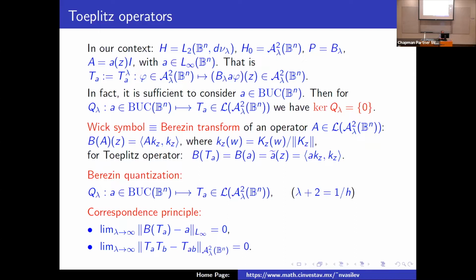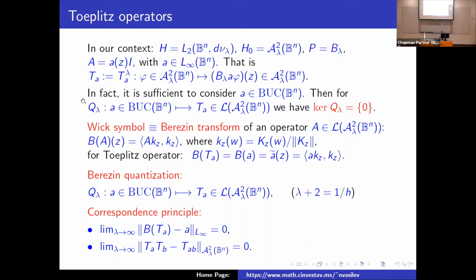Having function A, you define a Toeplitz operator, but having a Toeplitz operator, you can never recover function A. But this Berezin procedure permits us to recover function A: you need to take the Berezin transform and send lambda to infinity. This is the way to recover the initial symbol.